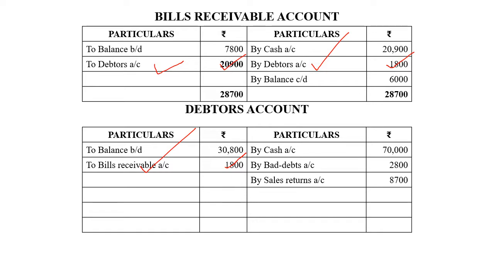Now in debtors account it is by bills receivable account 20,900. So this is the balance, which we recorded here with the same figure.